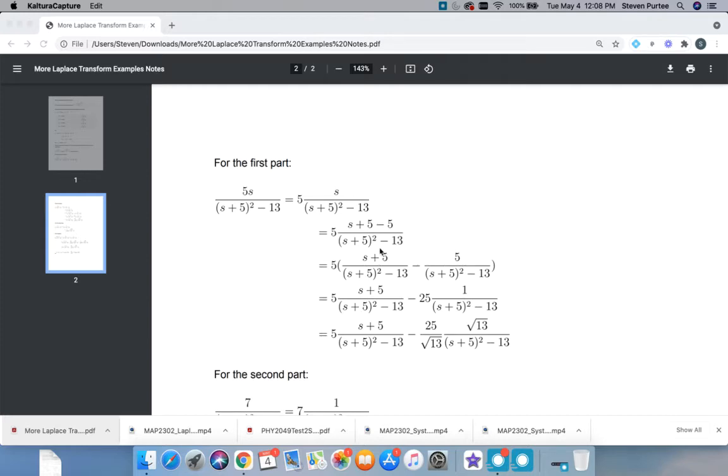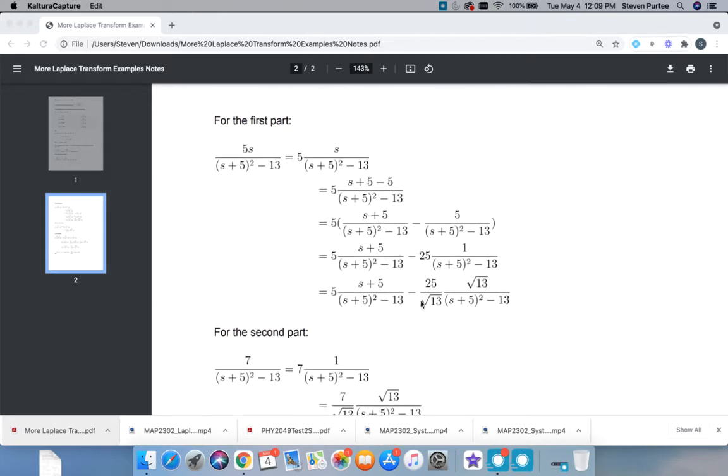This guy here is exactly what I want. That's an s minus a squared minus b squared. That will give me an exponential times a cosh. This is a number over that same denominator. This will give me an exponential times the sinh. So I went ahead and redistributed that 5. So 5 times 5, that's where the 25 comes from.